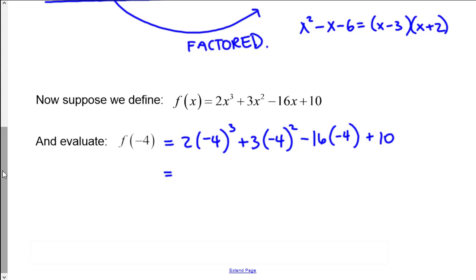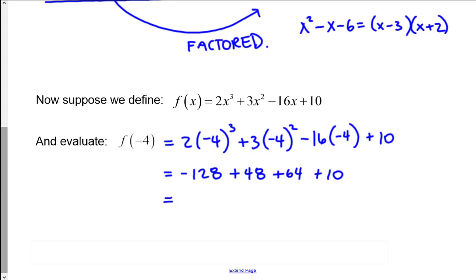All right, so this isn't going to be a whole lot of fun, but I'll work through it here. So negative 4 cubed is negative 64, times 2 gives me negative 128. Negative 4 squared is 16. 16 times 3 gives me 48. Negative 16 times negative 4 gives me 64, then plus 10.